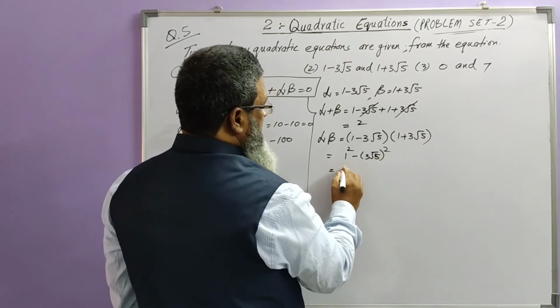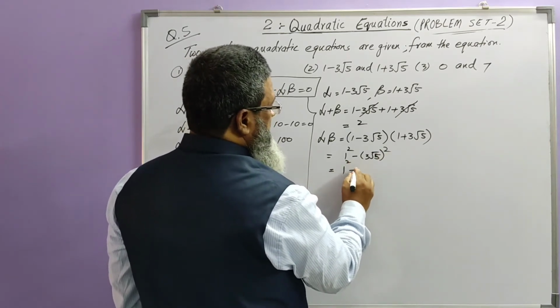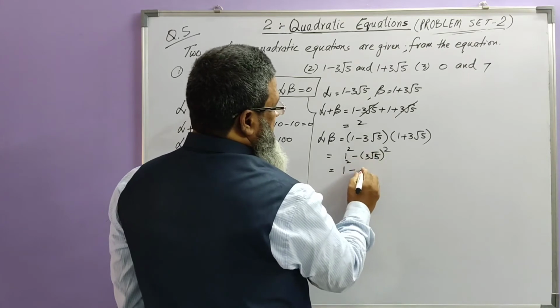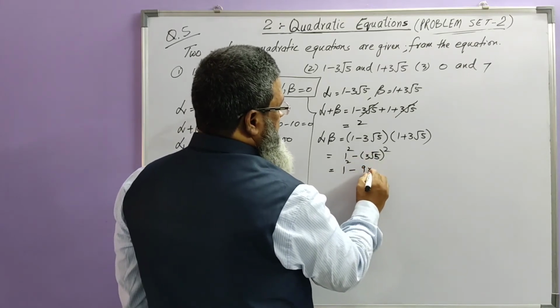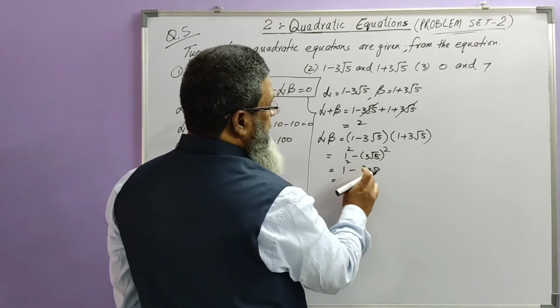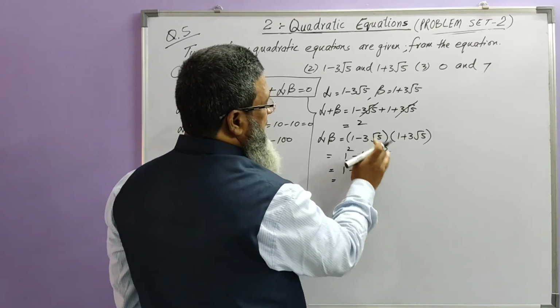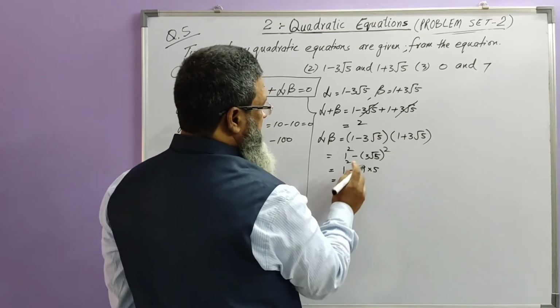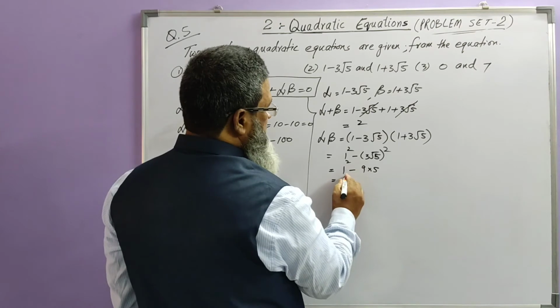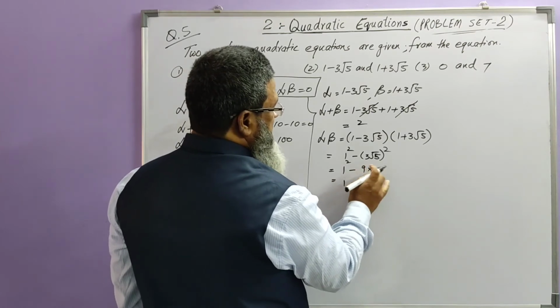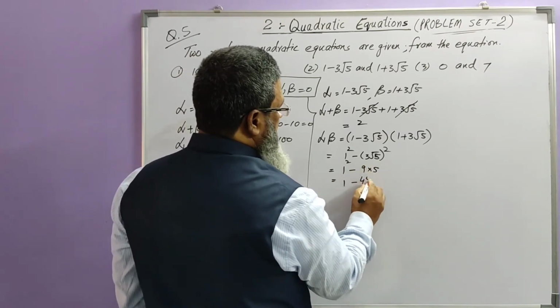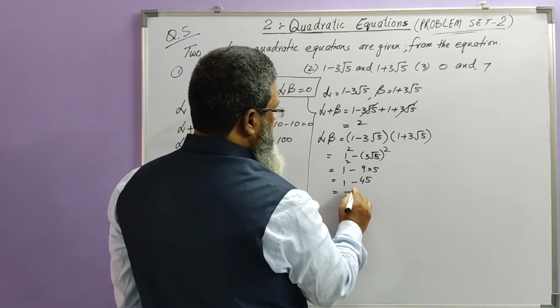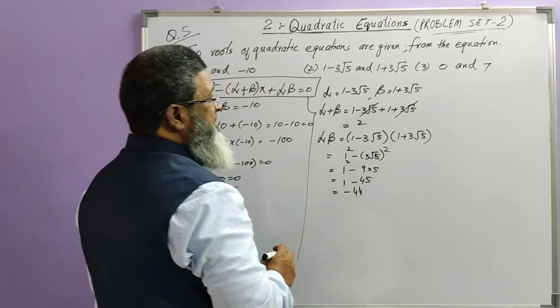So this will be 1 square minus 9 into 5. This 5 is root 5 squared, 5 and 9. So 1 square is 1 minus 9 times 5 is 45, and this will come minus 44.